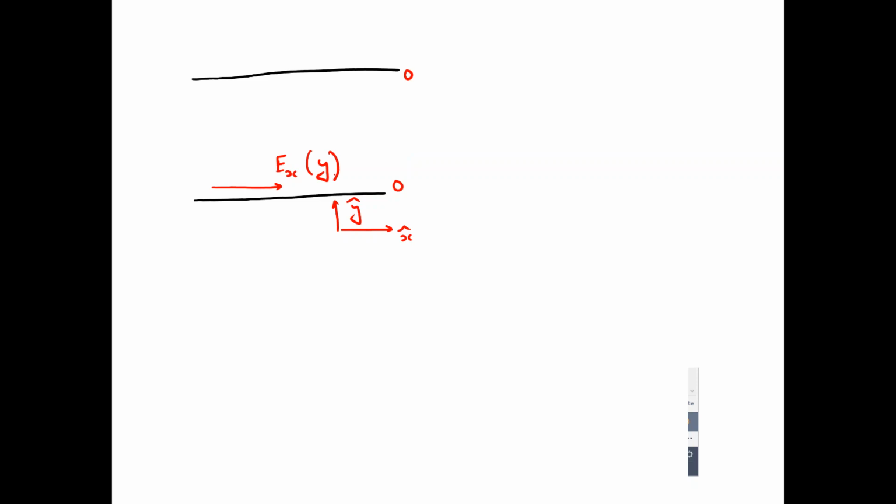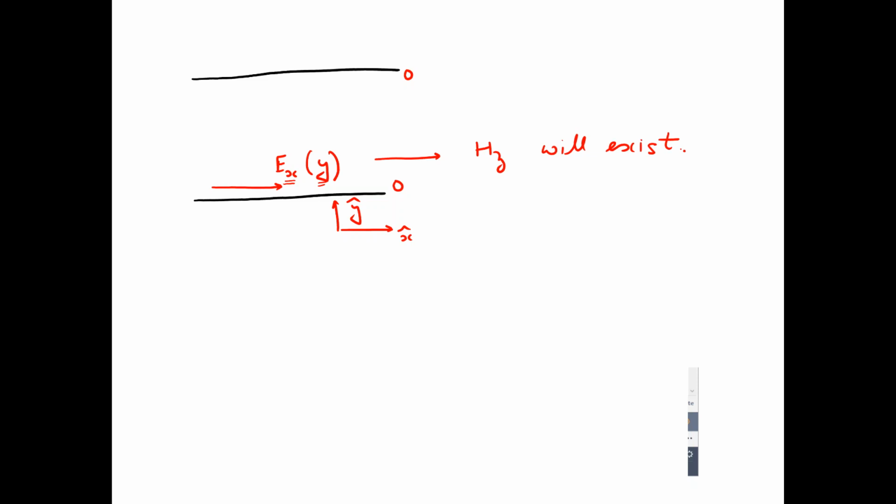If this has a variation in y, that means there is an x component of the field which is varying in y, means Hz will exist.